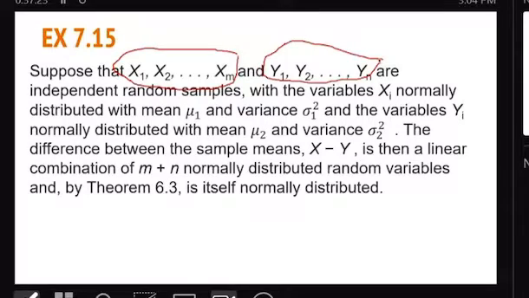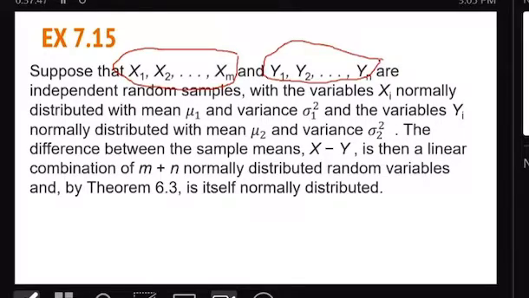Now, suppose that x1 up to xm and y1 up to yn are independent random samples, with the variables xi normally distributed with mean mu1 and variance sigma 1 squared, and the variables yi normally distributed with mean mu2 and variance sigma 2 squared.